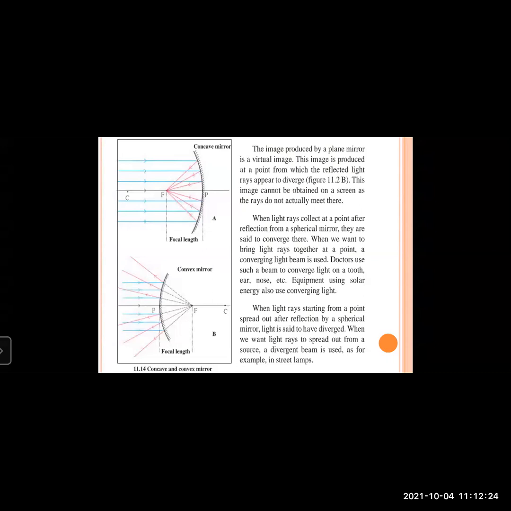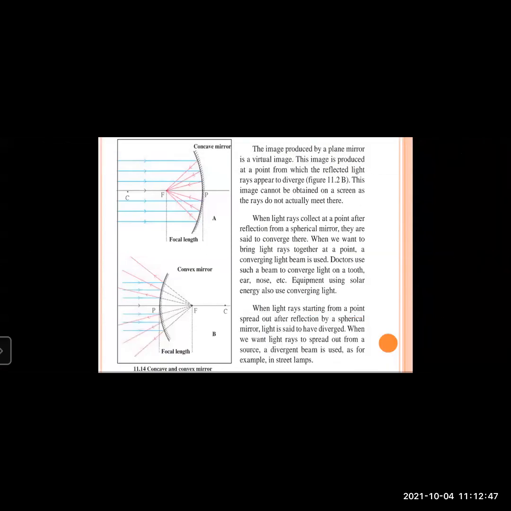So what is the example of convergence? The light beams which an ENT specialist, that is an ear, nose and throat specialist, uses. And what is the example for divergence? The street light is an example for divergence.